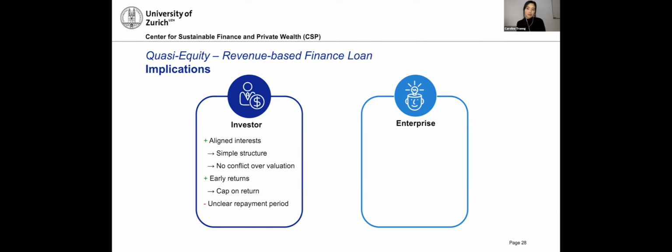As I mentioned before, the repayment period can be unclear because the revenues fluctuate, but usually it is 3 to 4 years, which is shorter than in the case of an equity.